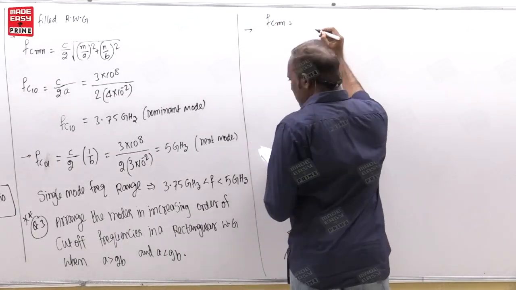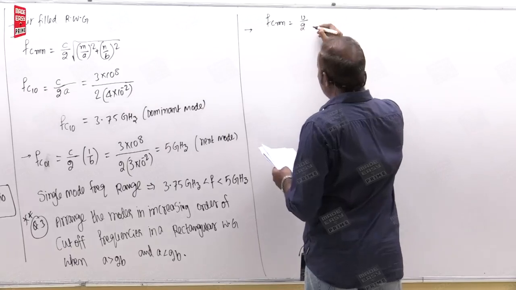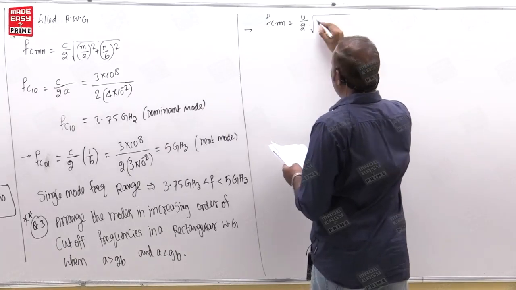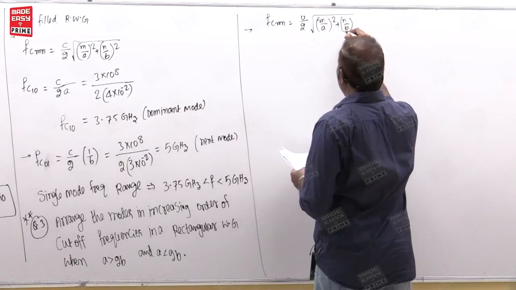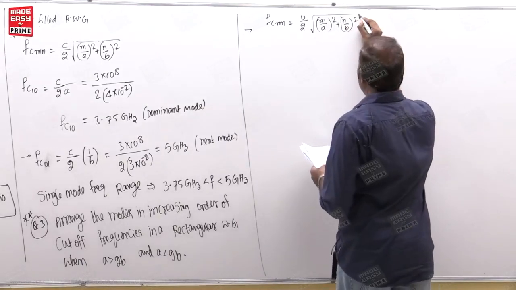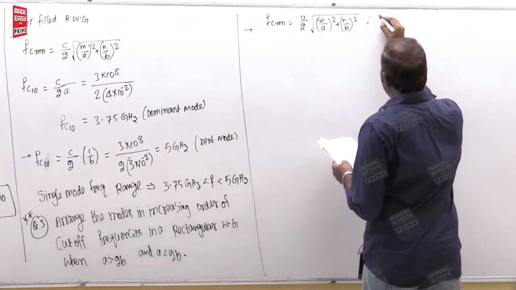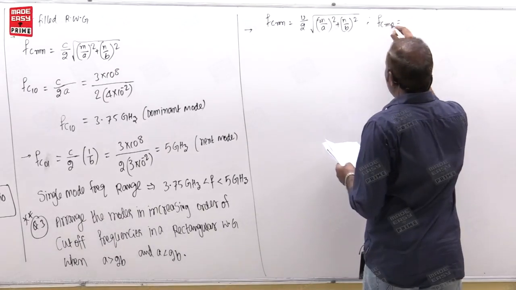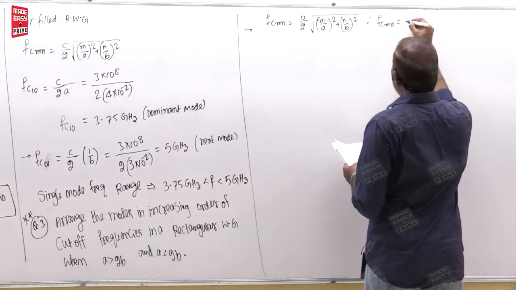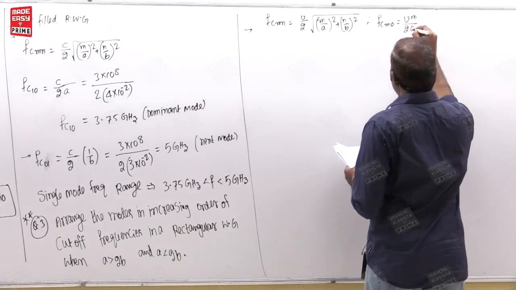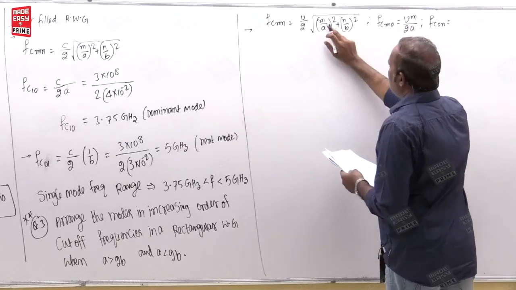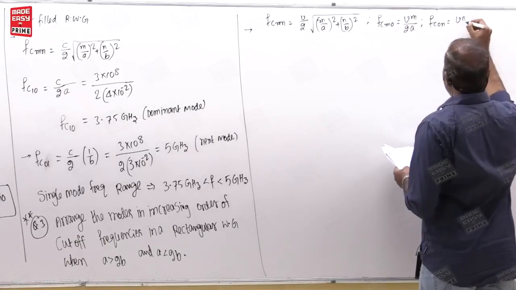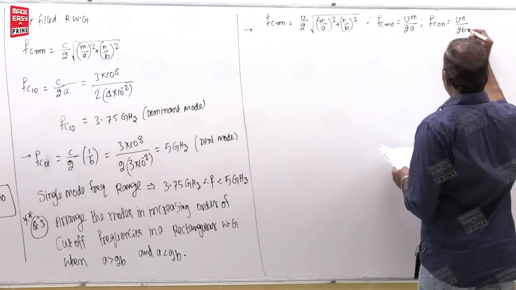FCMN is equal to V by 2 root of M by A whole square plus N by B whole square, students. Right? That is one thing. Next is FCM0. You substitute N equal to 0, then you get VM by 2A. Now FC0N, here you substitute M equal to 0, V into N divided by 2B.